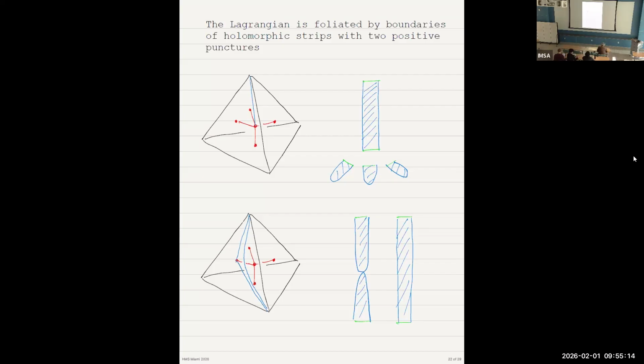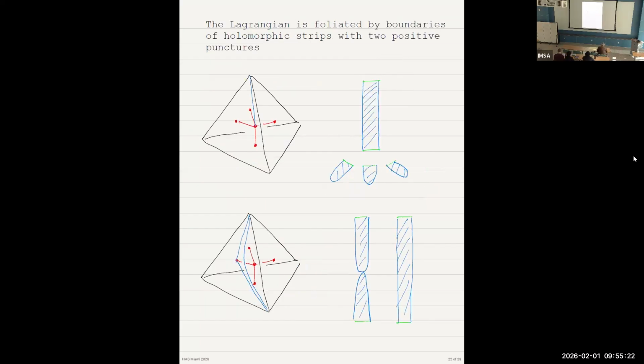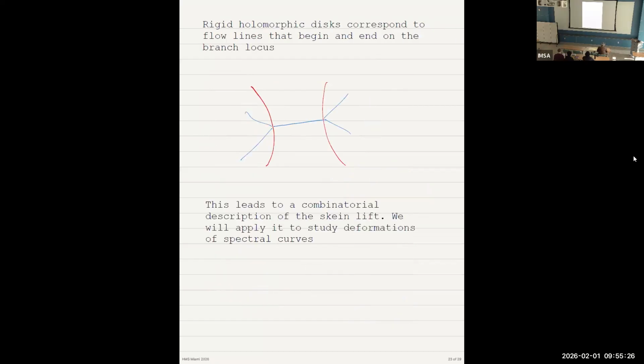Along the red guys, if you go from one side to another, you see these two holomorphic disks intersecting, and you can smooth them, and you get these smoother curves. Okay, so that's the picture, and it allows you to give a combinatorial model for the skein lift when you have a branched double cover. It's the one that was found by Ng, Kálmán and Zhang, but here in the full scale.